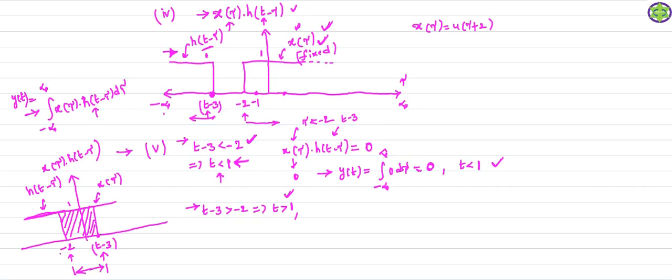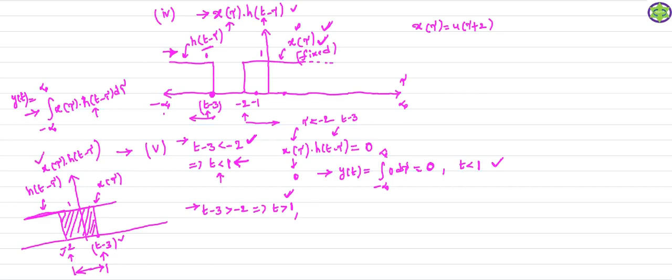What is the region of the overlap? Minus 2 up to t minus 3. Whatever t value you considered, up to that time instant both the signals are going to overlap. So in this interval, minus 2 to t minus 3, we will get the product of x of tau and h of t minus tau.